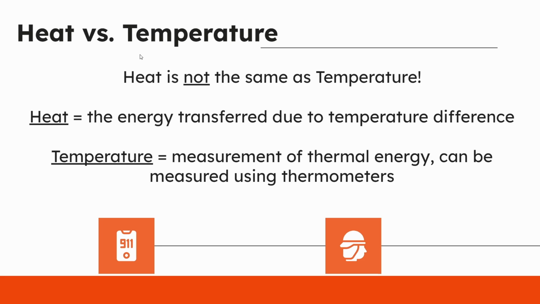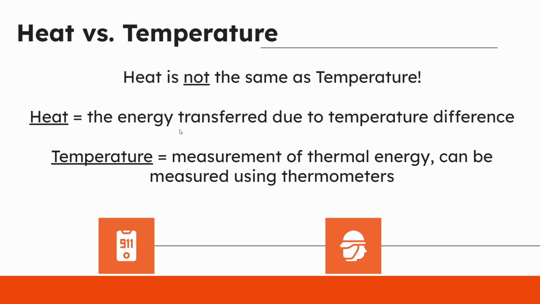Okay, heat versus temperature. So a few more terms you're going to need to know the definition to. So heat is not the same as temperature. Heat is actually a measurement of the energy transferred due to a temperature difference. So heat is the movement of that energy. So energy transferred.